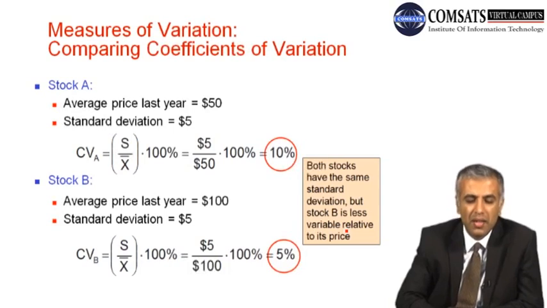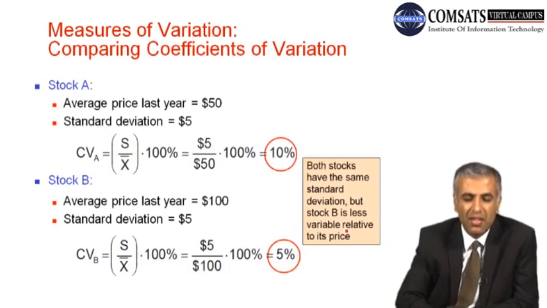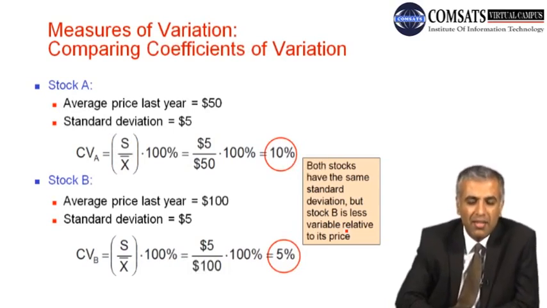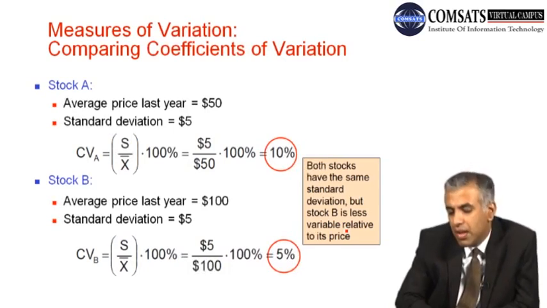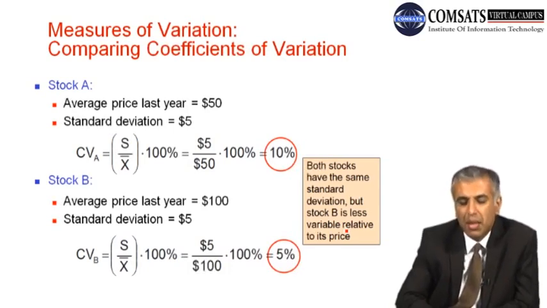So here in this case there is a conventional example. Let's say we have a certain stock whose average price is $50. Now the standard deviation reported from the rest of the data values is $5. So if we divide 5 by 50 and multiply by 100, we get 10%, which is the coefficient of variation in this case.